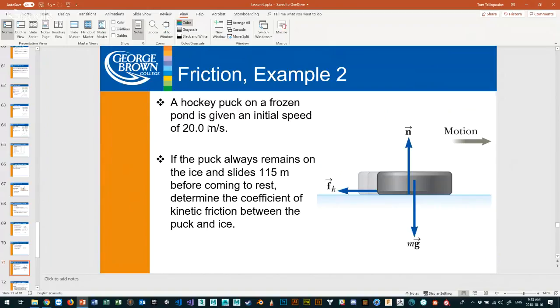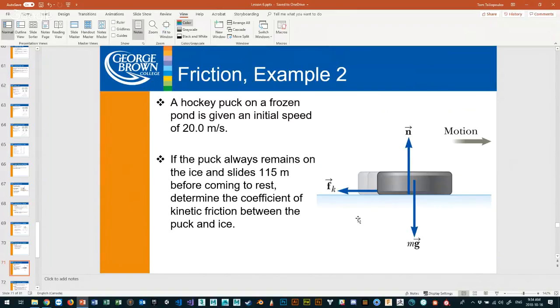Think about it as a negative acceleration. I start off at 20 meters per second. That's my speed, a velocity vector, and I have some negative acceleration that's going to slow me down over the distance. So how do I figure this out?